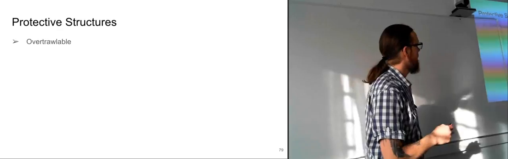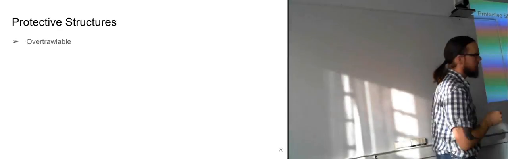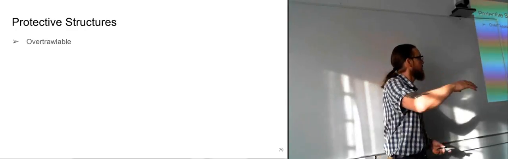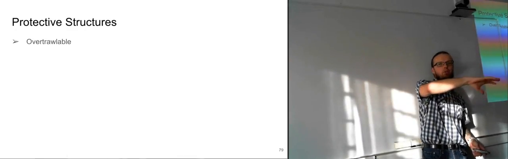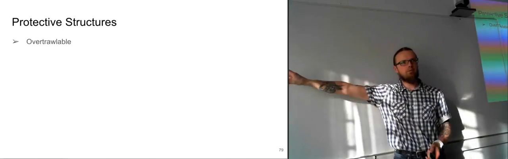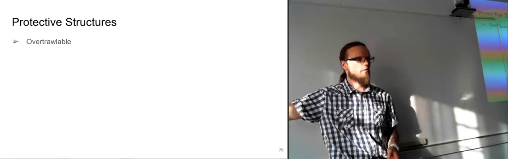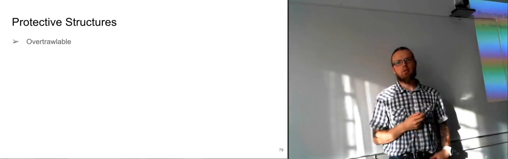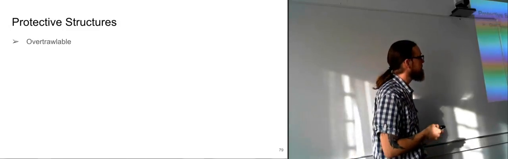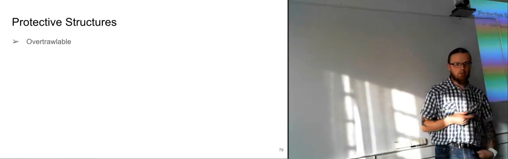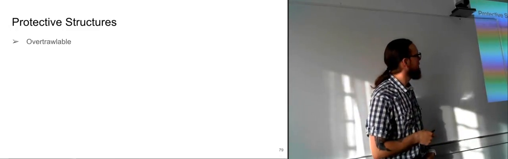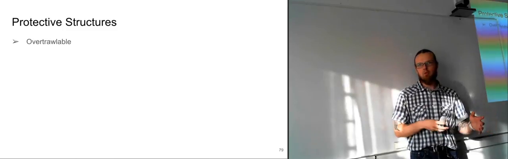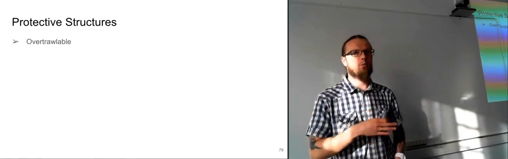So we're going to look at the protective structures. Many of them are over-trawlable, so that if a trawl comes following a ship there, it will hit the structure and then it will sort of bounce across it, and then they can just continue trawling further on. That is often the case outside Norway, because the Norwegian government has decreed that as much of the fishing areas as possible are to be kept productive.